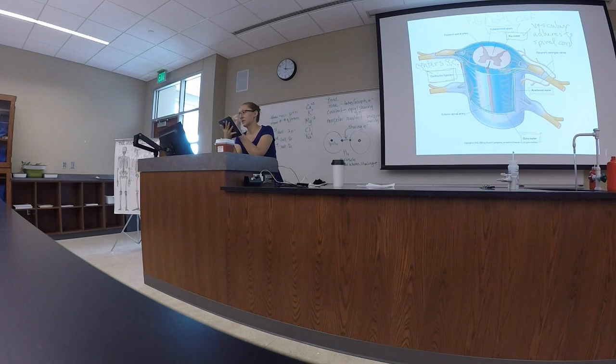I gotta change color again, that's terrible. And also has arachnoid trabeculae, which are little filaments that connect the pia mater and the arachnoid mater, kind of just as a stabilization of that space.